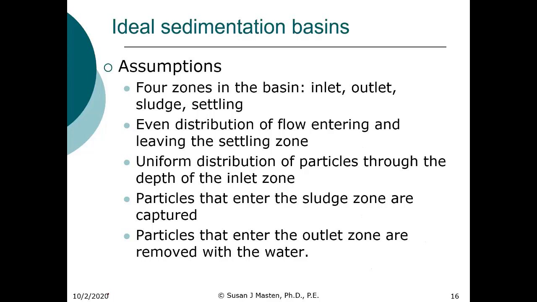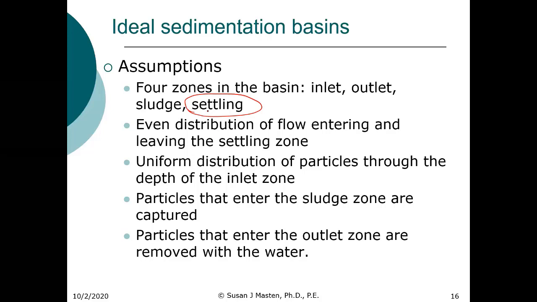We approximate sedimentation basins using this approach here, where we're assuming that there are 4 zones in the basin: an inlet zone, an outlet zone, a sludge zone, and a settling zone. Only in this settling zone do we have laminar flow, and do we assume that we truly have settling.